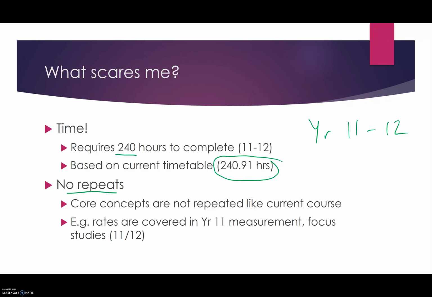In the current course, we cover, say for example, rates, in measurement, and then in the focus studies in both Year 11 and Year 12. So we cover it quite regularly, whereas in the new course, there's not that same amount of repetition, and that's going to affect some of our kids that don't get things as quickly.